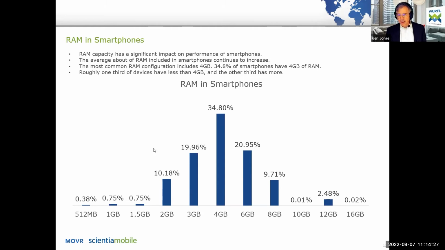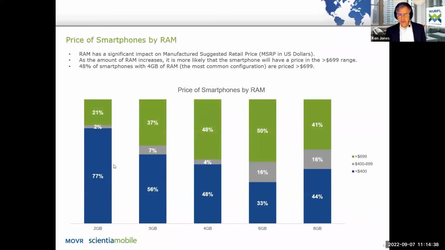Another thing that we are looking at is through our device detection. Not only can we tell the amount of RAM in the devices, but we can also tell the price associated with a phone. And we've divided these up by the amount of RAM and tried to get an idea of how much of a driver or what to expect at certain price points.